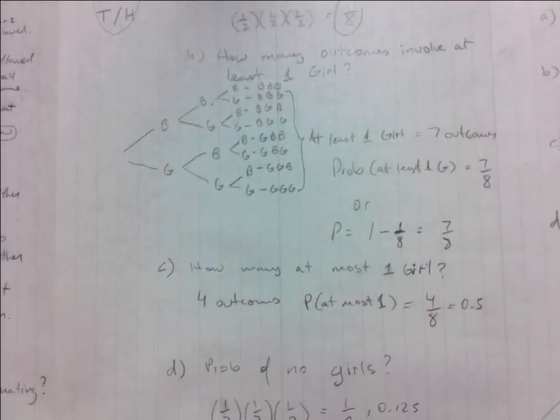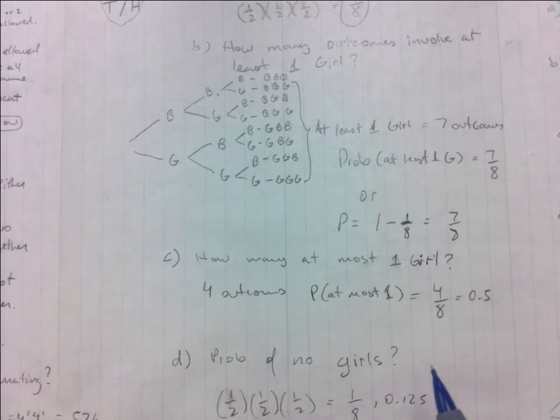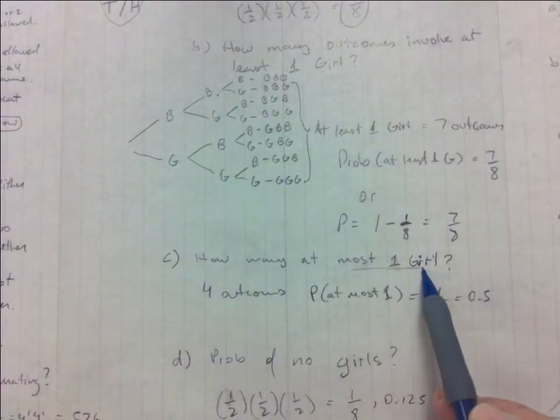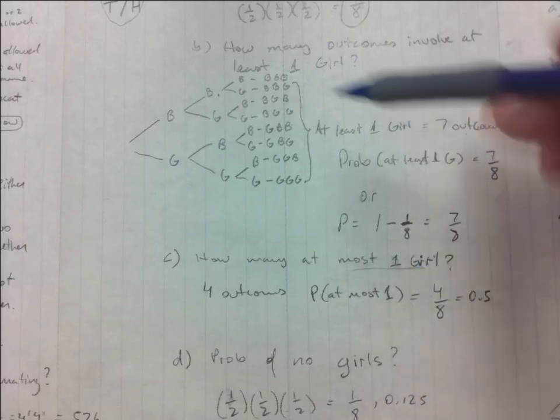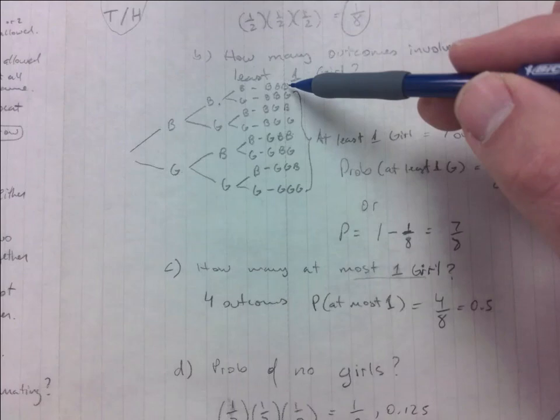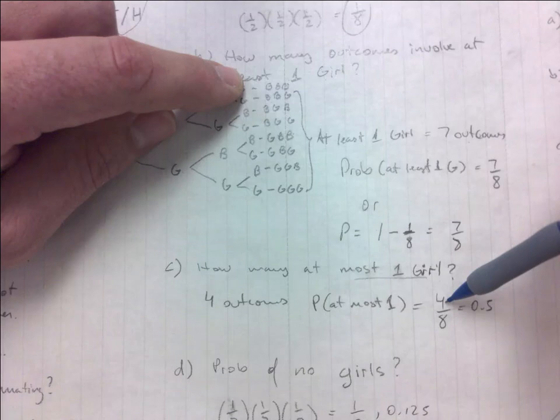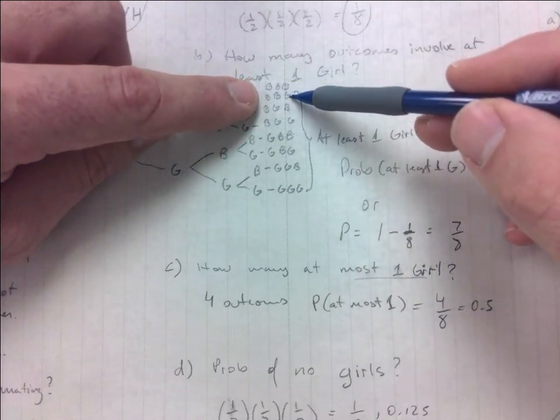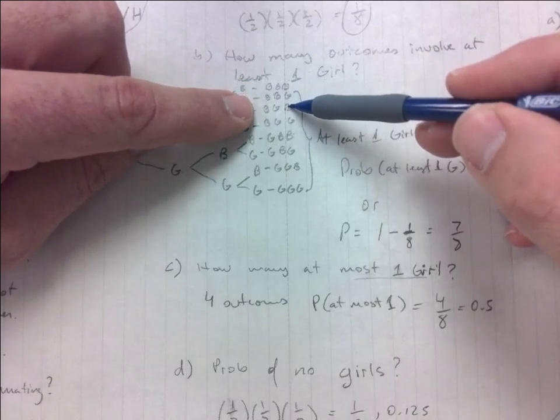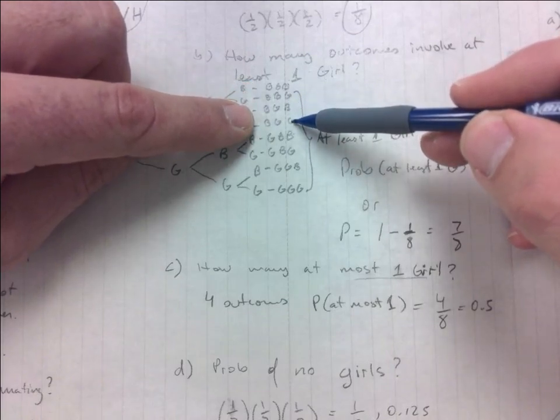What about at most 1 girl? At most 1 girl, so no more than 1, basically. You want all the outcomes where you have 0 girls or just 1. So I already answered that this is 4. There'd be 0, there's 1 there, 1 there, 1 there.